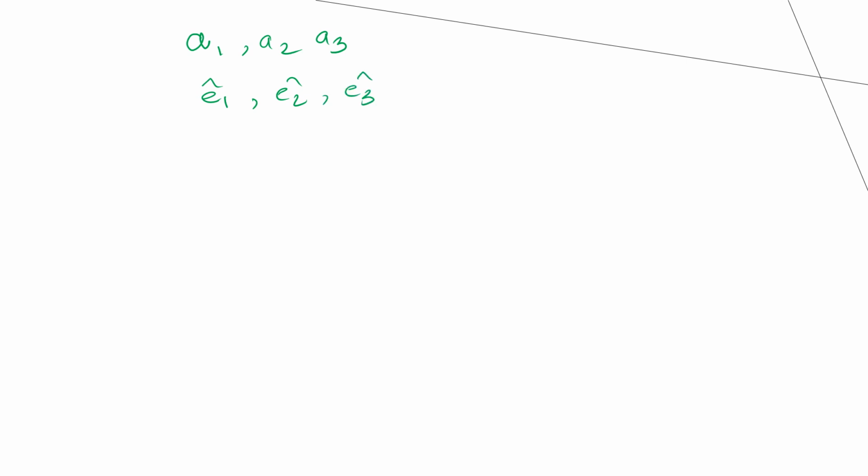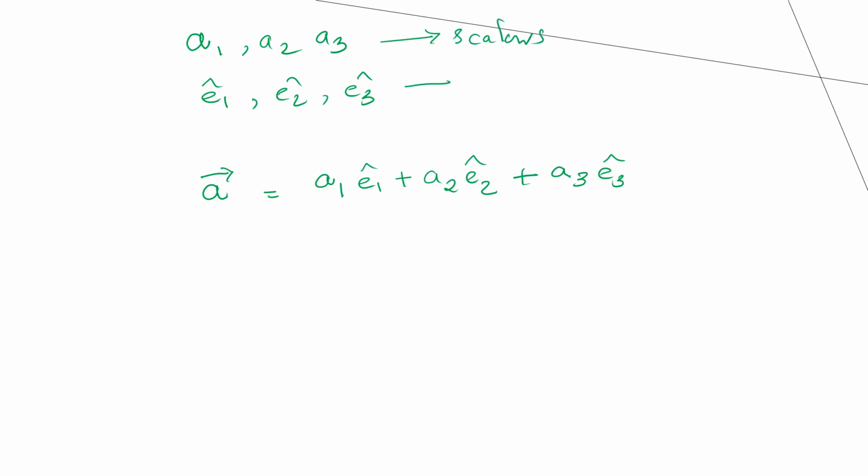Then any three-dimensional vector can be represented as a1 into e1 cap plus a2 into e2 cap plus a3 into e3 cap, where a1, a2, a3 are scalars and e1, e2, e3 are unit vectors.